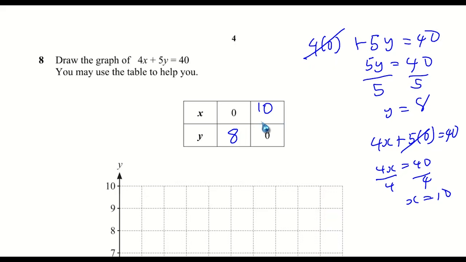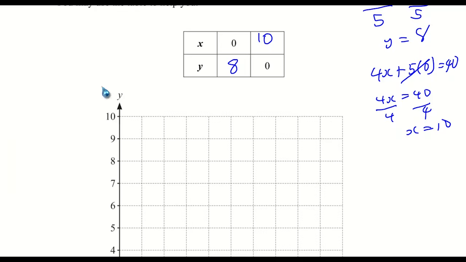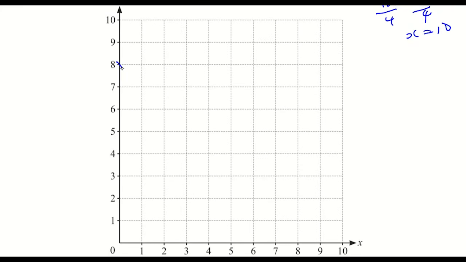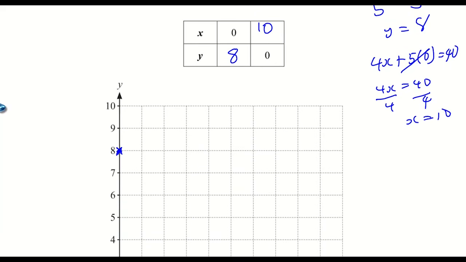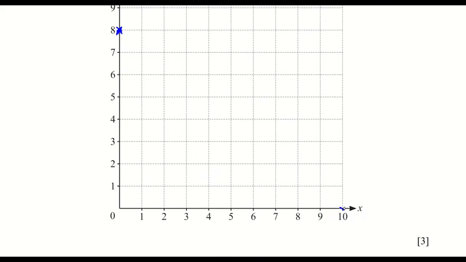So you can easily come here, use the table to plot the graph. Okay, the first point will be when x equals 0, y equals 8. And that will be this point. Okay, and the second one, when x equals 10, y equals 0. It will be here.